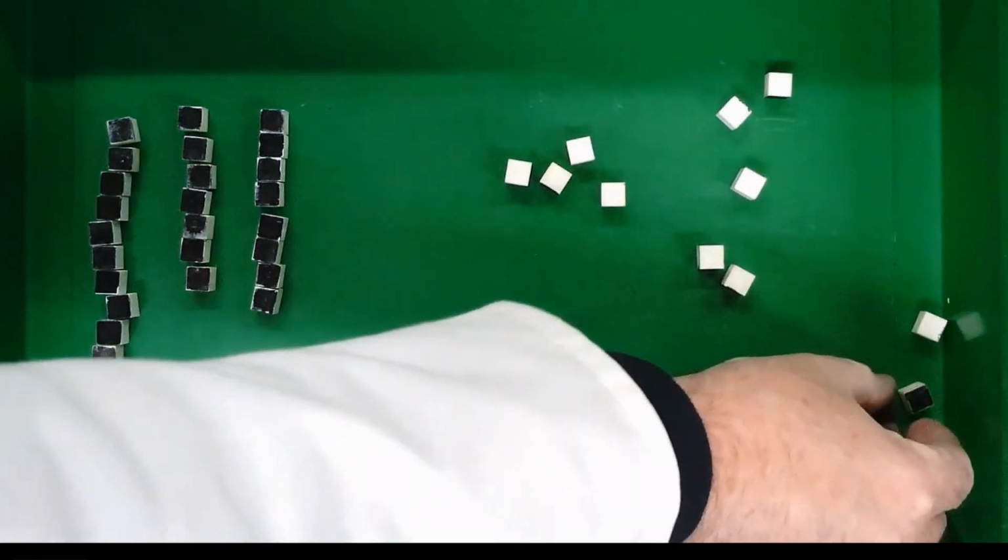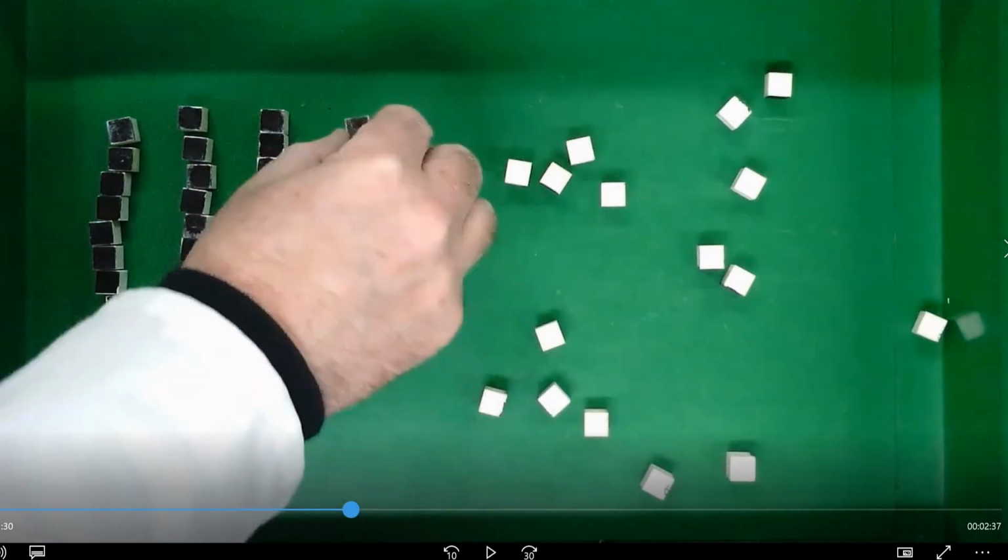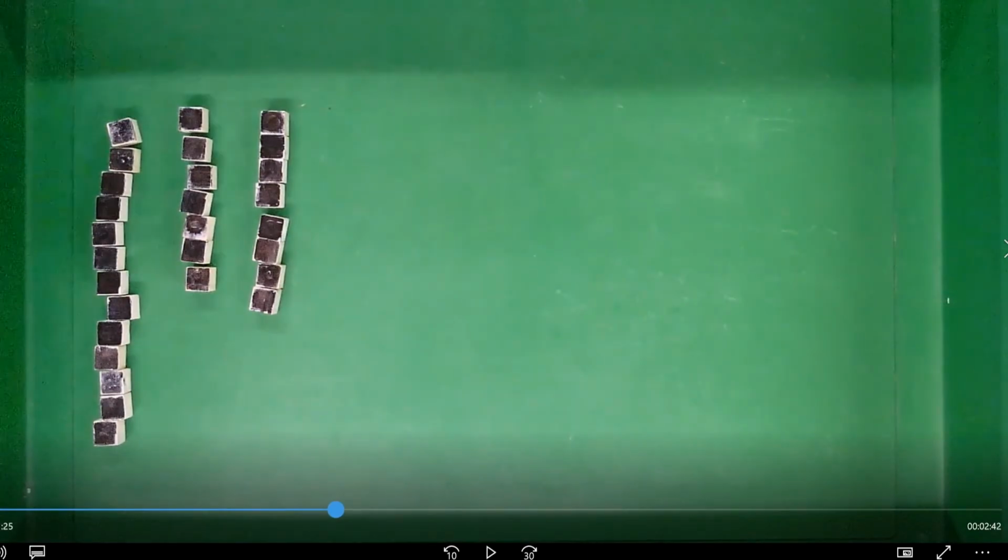Now, I'm just going to pause there a moment. I think what's happened, if we just go back a little bit, oh, there we go, and I'm going to pause it just there. I think what's happened here, we've jumped a throw because we've got another 8 that have decayed, so we'll add that to the table.